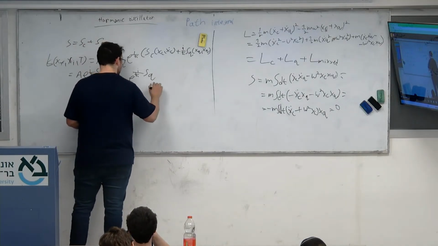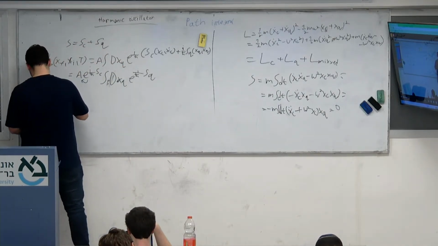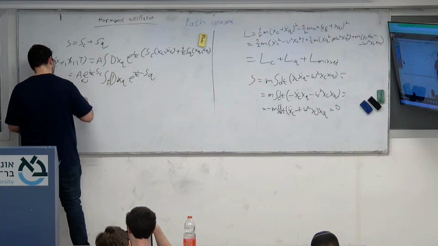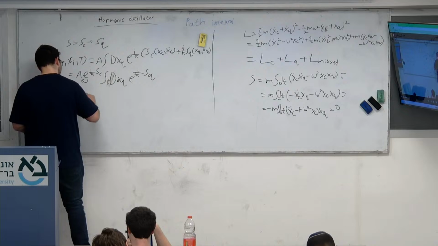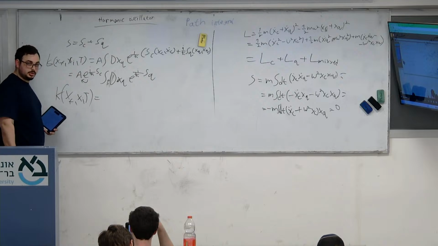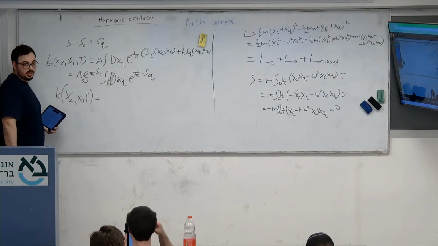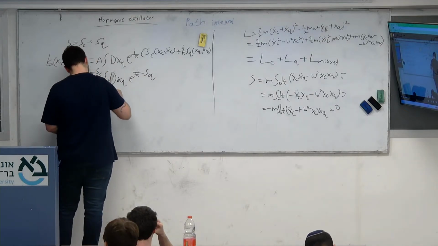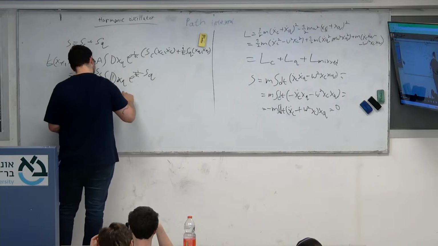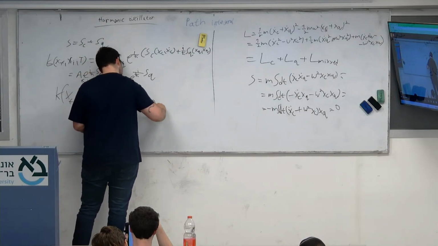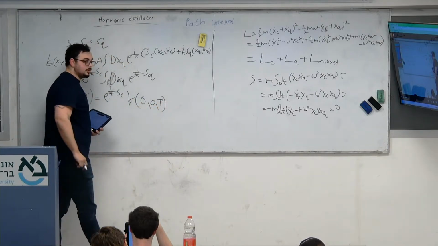Okay. So we noticed another interesting thing. Our propagation function of xf and xi would be equal to the exponent of the classical term times the propagation function of starting at 0 and ending at 0.